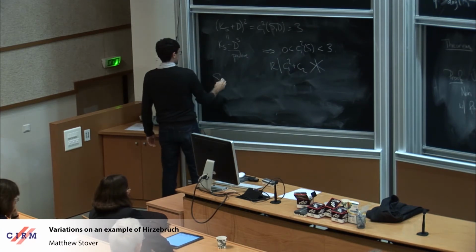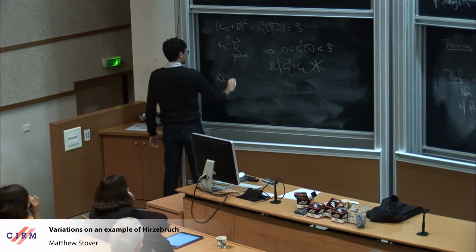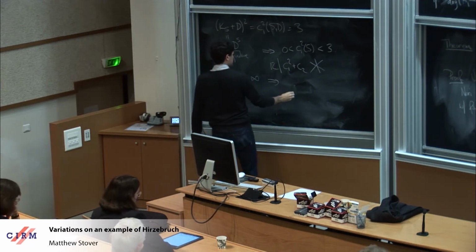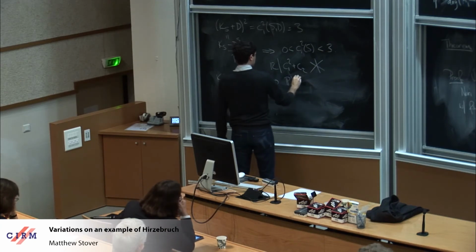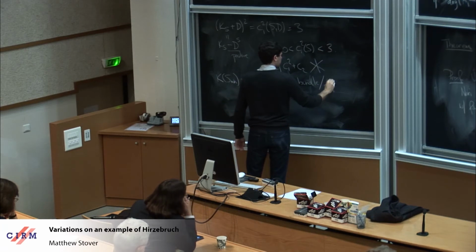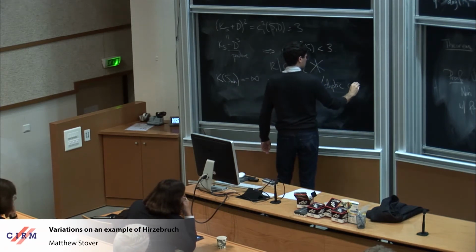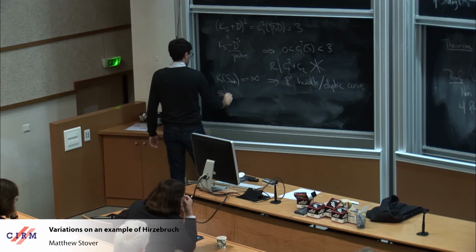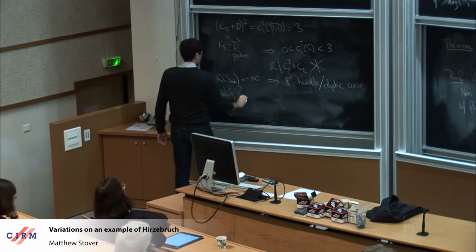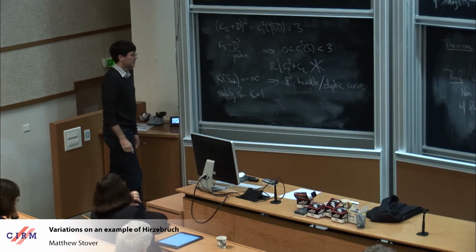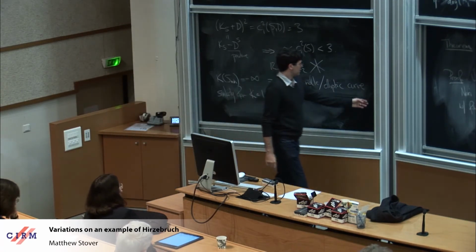So similarly, it's even easier. If you have a Kodaira dimension of minus infinity, you can reduce to the case where it's a P1 bundle over an elliptic curve. And similarly for Kodaira dimension 1. And so now you're just in the case.